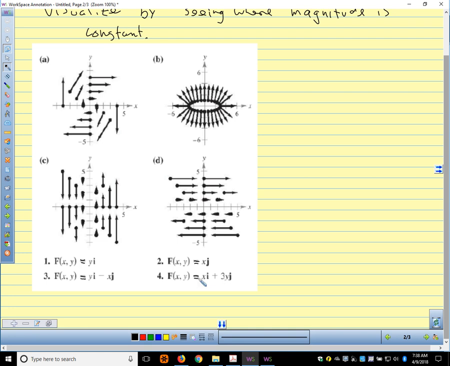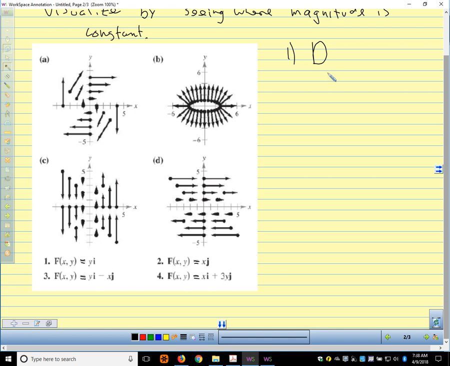It only goes in the x direction. Right, there's only one that only goes in the x direction. It has to be D, and as y increases, the magnitude of the vector increases. So when y is bigger, the magnitude is bigger. So 1 has to match D.